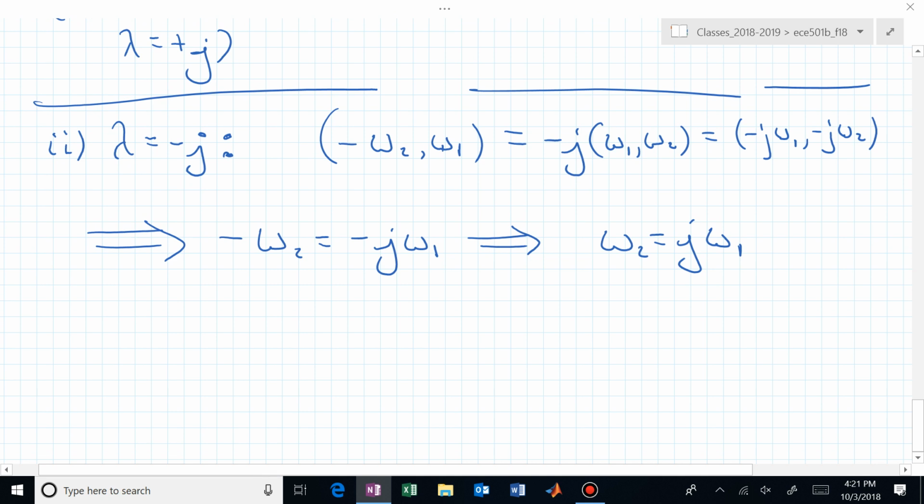And we could have guessed that relationship because we were dealing with real coefficients on our w's in the T definition.